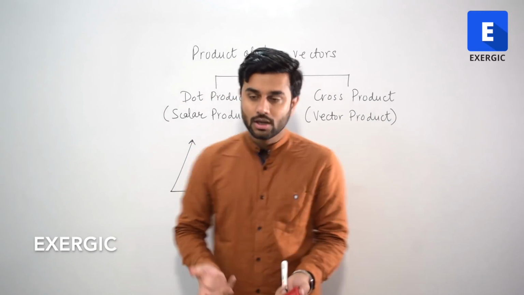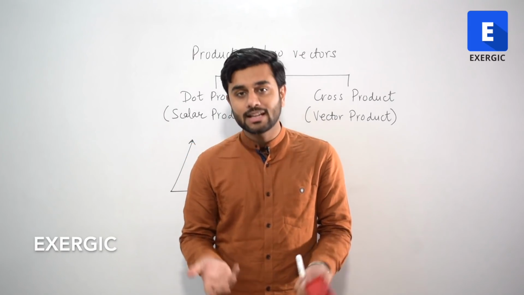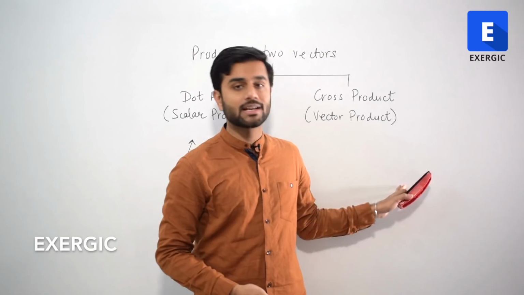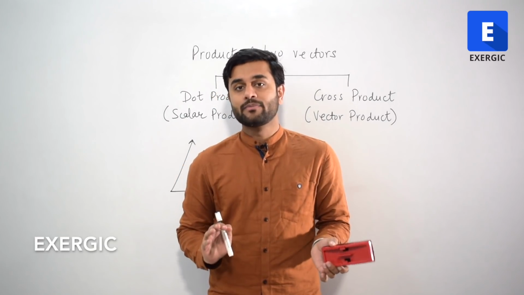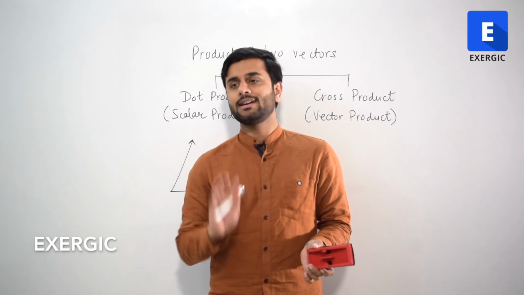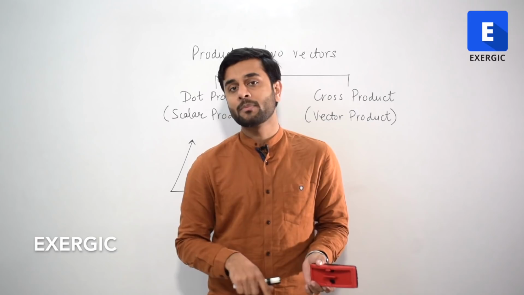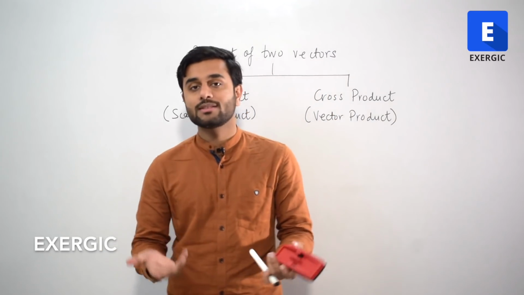Am I talking about multiplying their magnitudes? But what does it tell me? Does it tell me anything which I can use? For example, 4 multiplied by 3 in the example that I gave was telling you something useful, the total number of chairs in all the rows. It is something which you can use further for any purpose. But if I just multiply their magnitudes, I don't see what is the use of that.